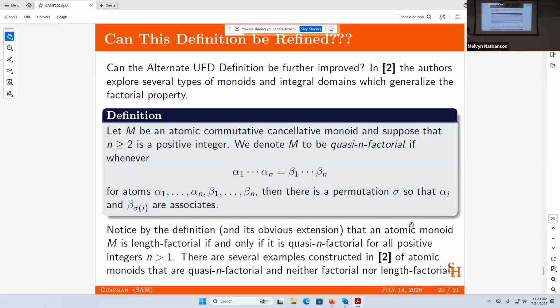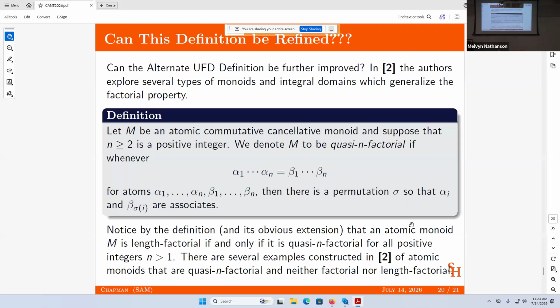For a monoid to be quasi-n factorial, fix n bigger than or equal to 2, means that whenever you look at equal length factorizations into irreducibles, they're unique. It doesn't mean that you're in a UFM or a UFD, but the equal length factorizations are the same.